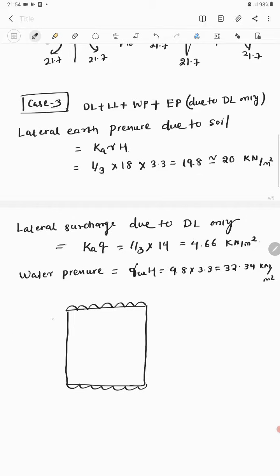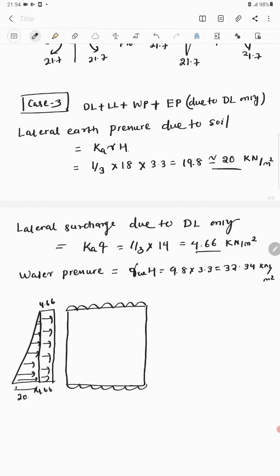So here we'll have this surcharge loading, that is KAQ, this one 4.66, plus there will be this lateral earth pressure, which will be a triangular load. So this part is how much? 20.